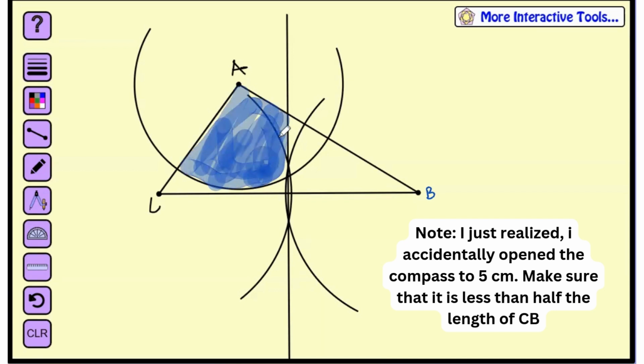This region is less than 4 centimeters from A and it's closer to C than to B. So this is region R. So this is how you would draw the construction for this question.